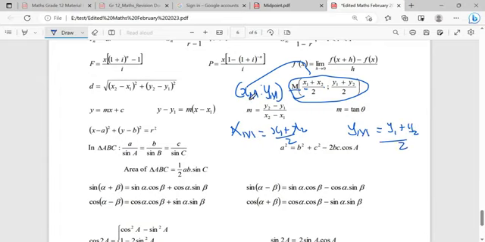So we take this formula and simply break it apart. Whatever we get from the first is called the x of the midpoint, and whatever we get from the second is called the y of the midpoint.